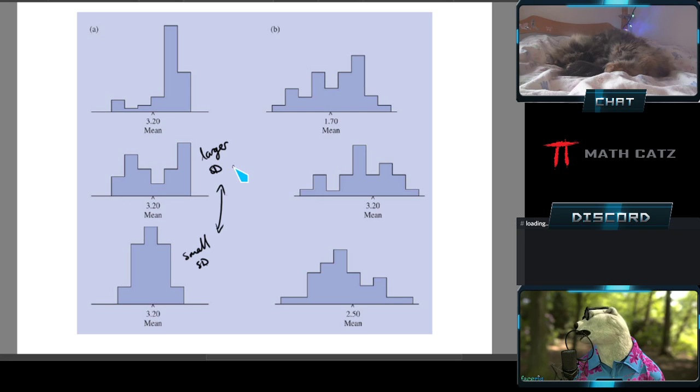If I have a larger standard deviation, then I can get scores quite often that are much lower than the mean or much higher than the mean. I get a much wider spread with a larger standard deviation. Small standard deviation, I get a much tighter distribution around the mean. There's still some spread, but much, much less.